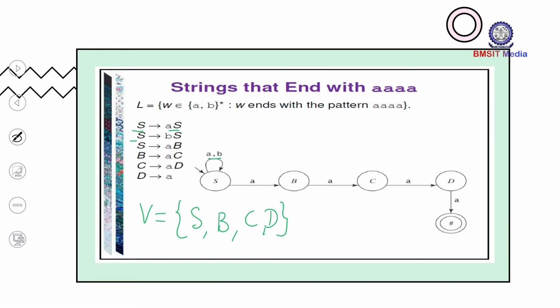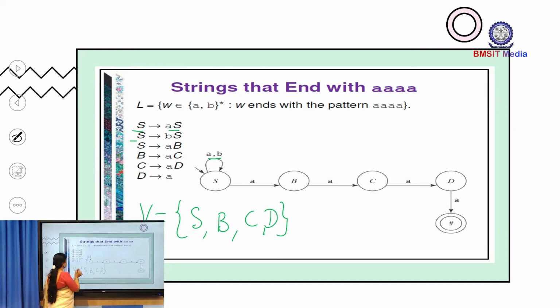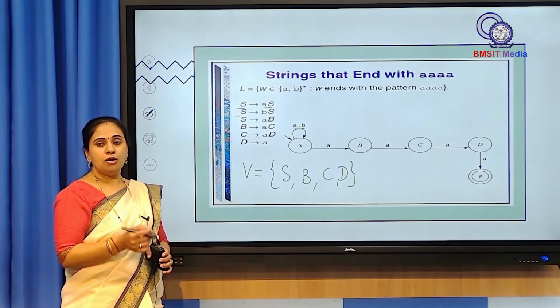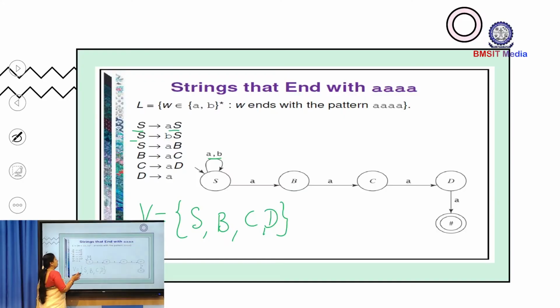Next, when we look at the third rule, S tends to AB, here the state is changing. So there is a transition from one state to another. When the machine is in start state S, on receiving input symbol A, we make a transition to state B. So this rule is transformed in the form of a transition between two states S and B. Similarly, the next rule is B tends to AC.